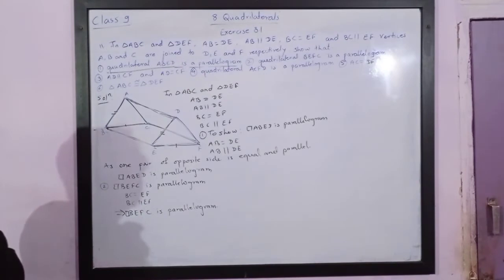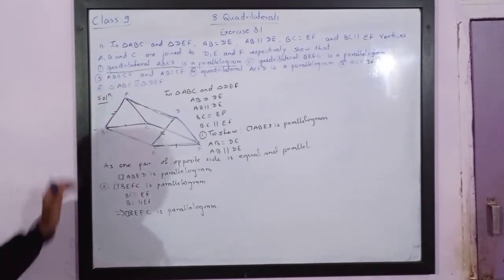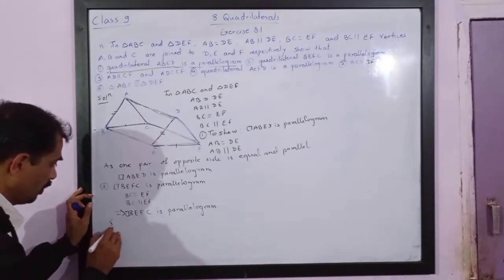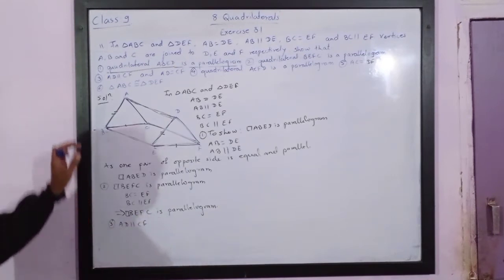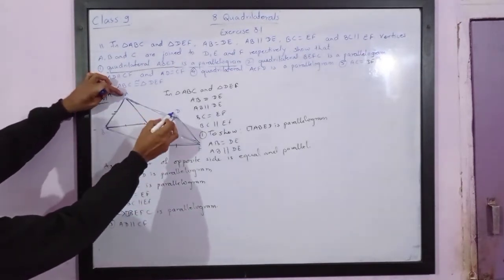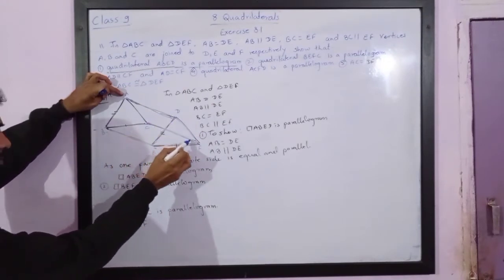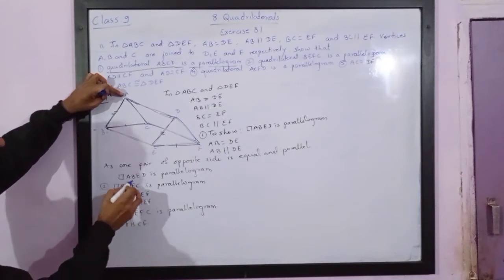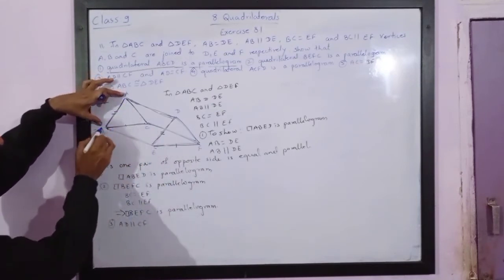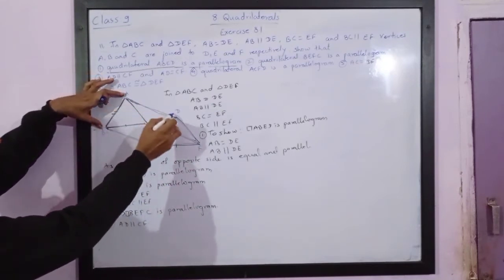Now the third part is AD parallel to CF. AD is this and CF is this. We have already said that ABED is a parallelogram.